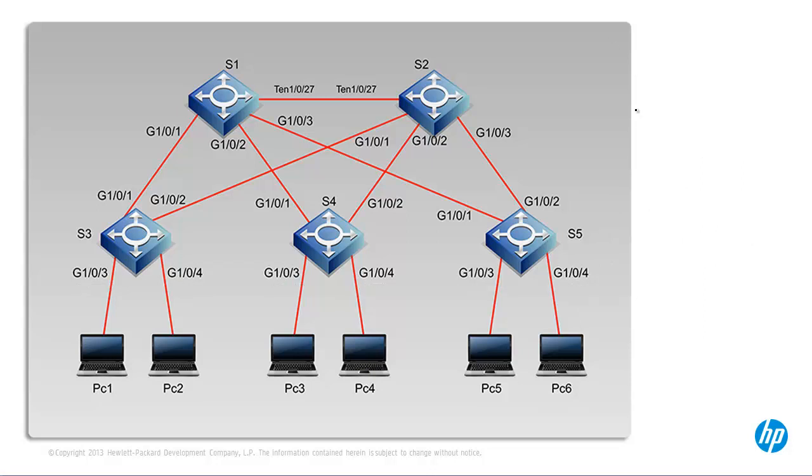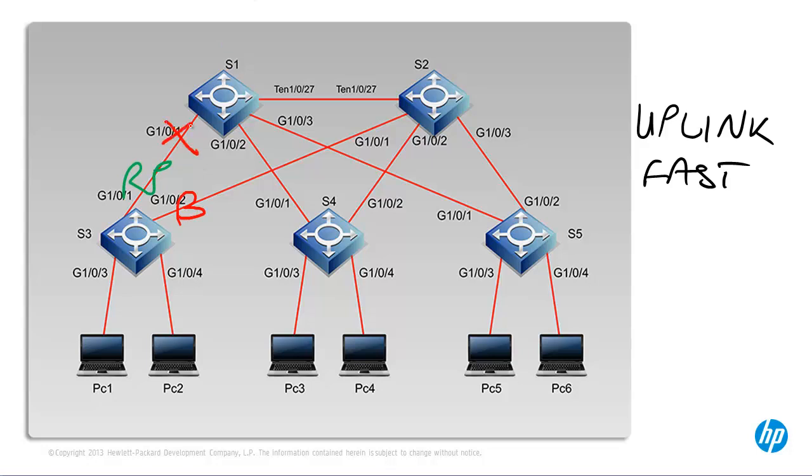Another extension to PVST is UplinkFast. The idea here was, if this was the root port of a switch and this was the blocking port, if the root port went down, the blocking port would start forwarding a lot quicker than what you would have with traditional spanning tree.